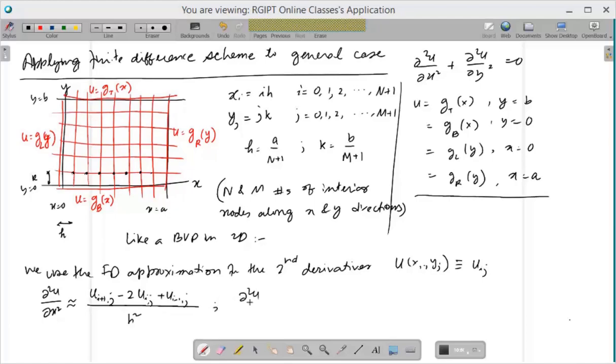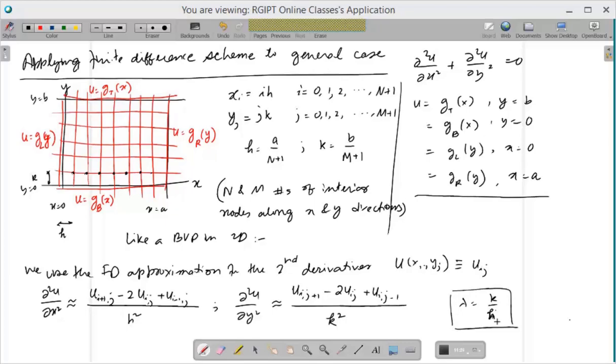And del square u by del y square is substituted by the expression u i j plus 1 minus 2 uij plus u i j minus 1, divided by k square. Once you do this, define lambda to be equal to k by h. In this case, lambda is k by h, not k square by h like you had in the diffusion equation.